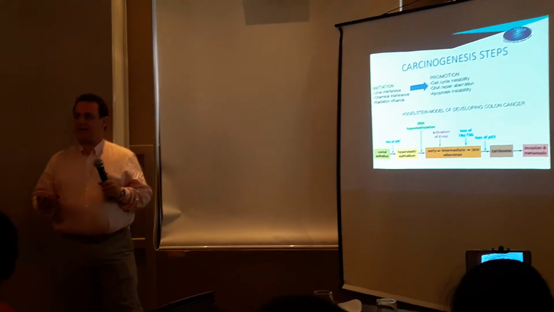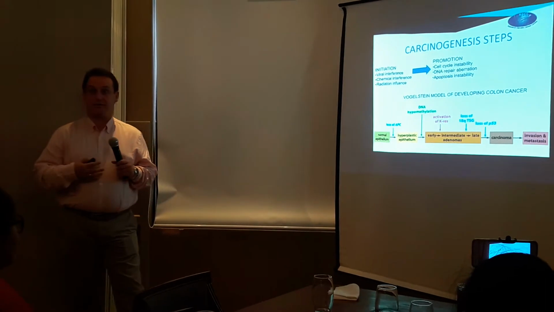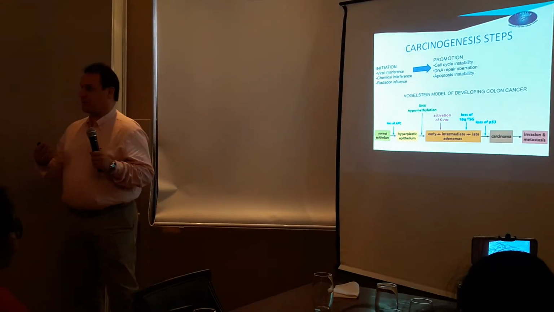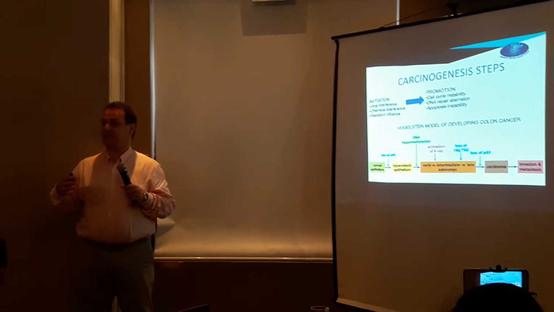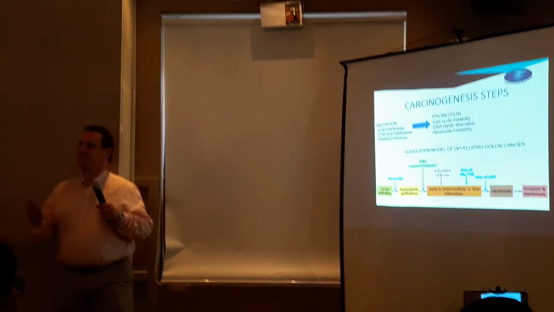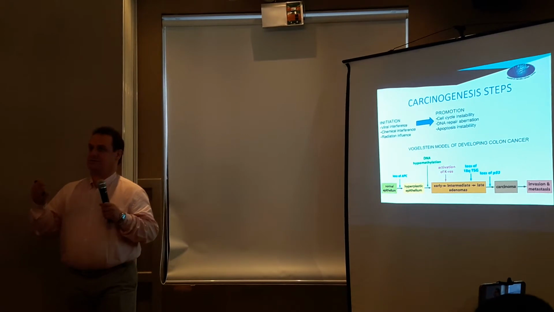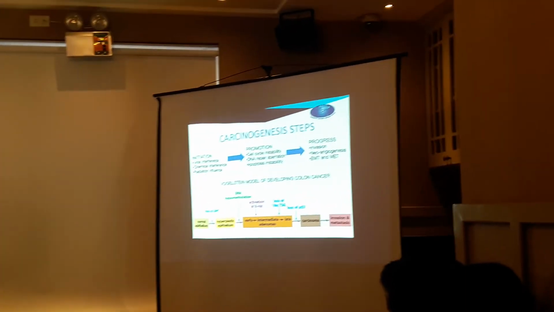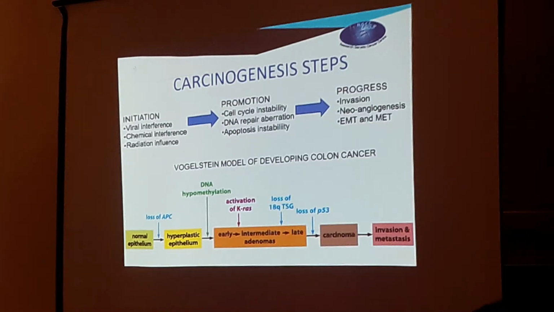When the cells become unable to repair the damages on the DNA or proteomic level, or they are not able to regulate the cell cycle, which means that they cannot control how fast or slow they replicate themselves, then we have the promotion. This is the point where the cells become dysplastic. Highly abnormal, but still not cancerous. When the cells become able to migrate, invade and metastasize to a distant organ, only then do we have the final development of the malignant phenotype.